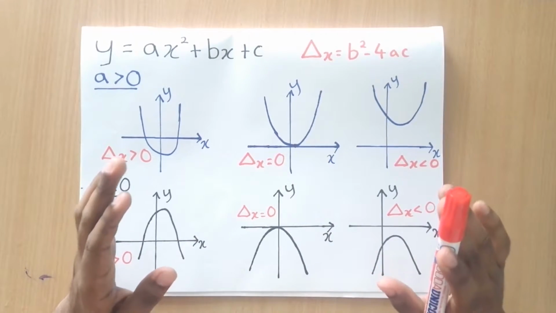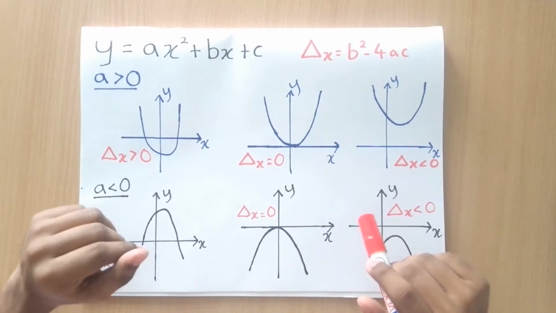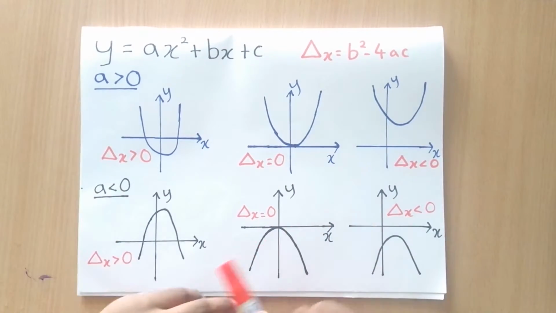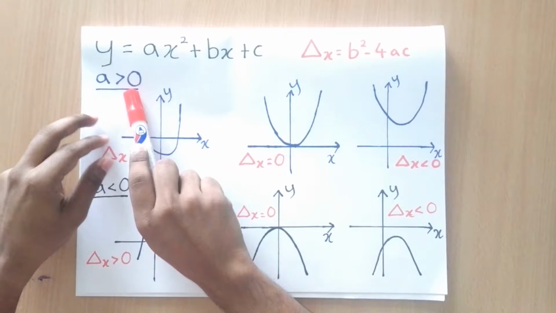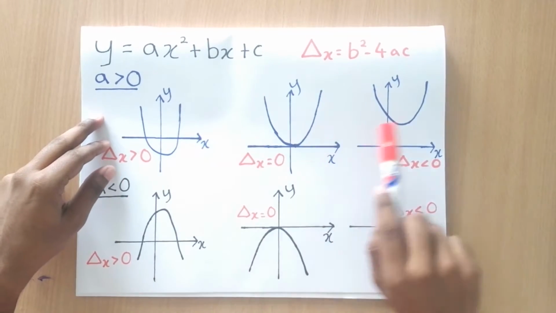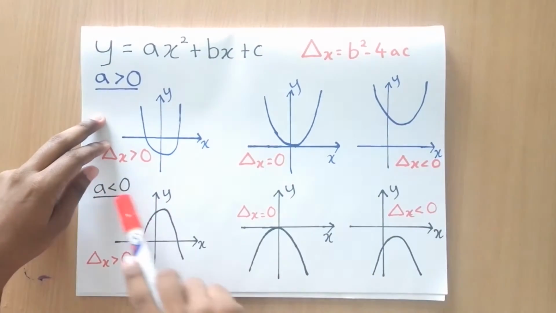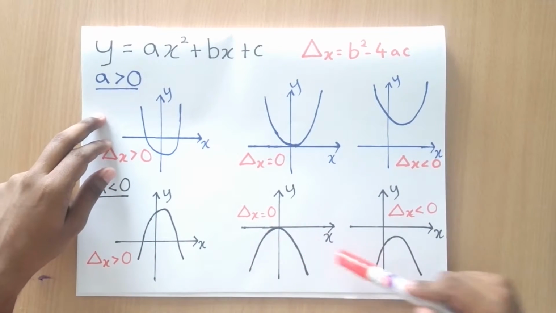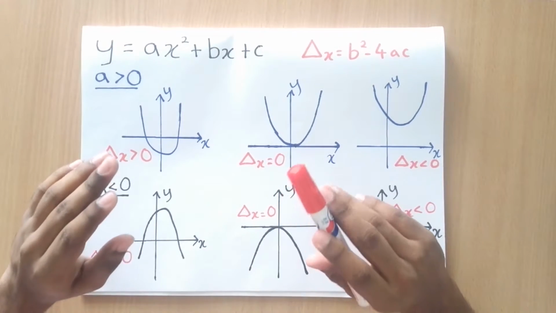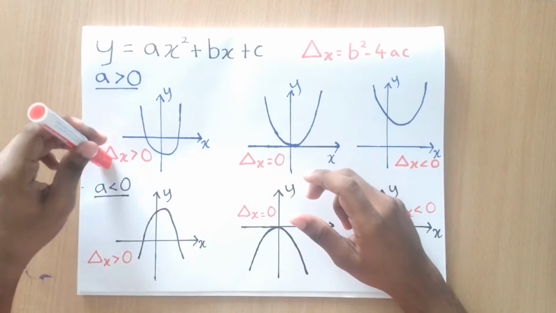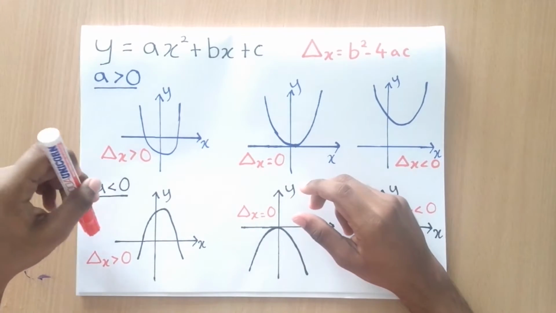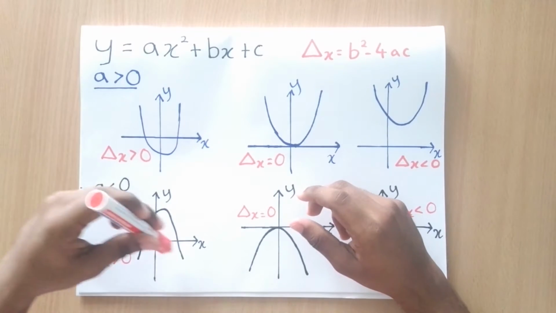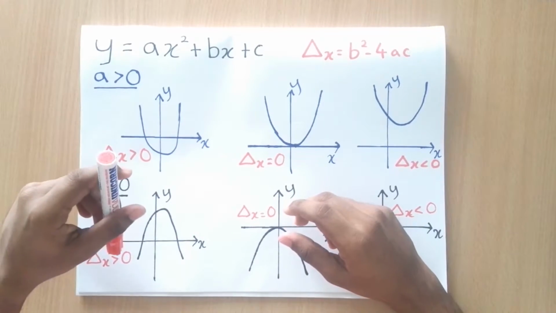So by observing the above 6 curves, we can see that when a is greater than 0, the graph is U-shaped, and when a is less than 0, the graph is an upside down U. Also, when delta x is greater than 0, the graph intercepts the x-axis at 2 places.